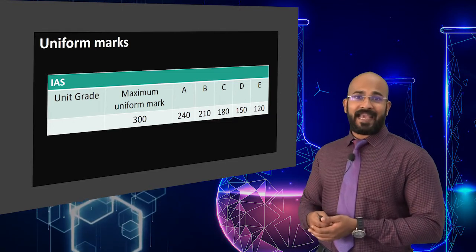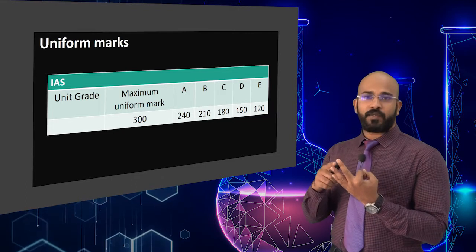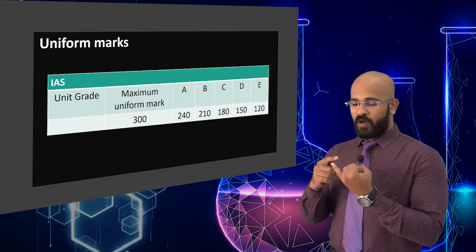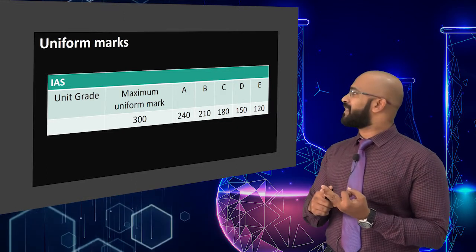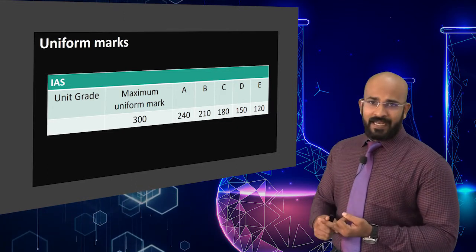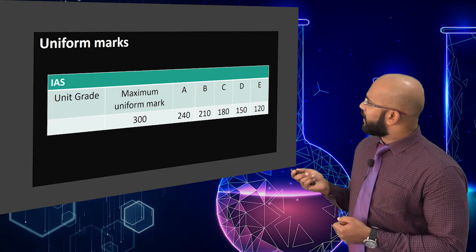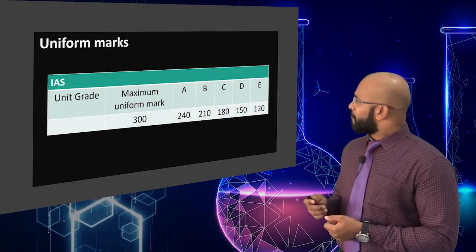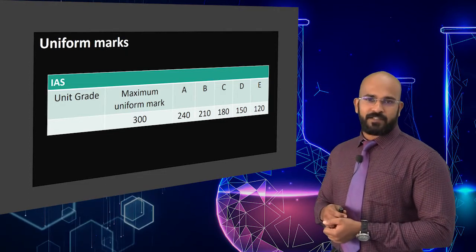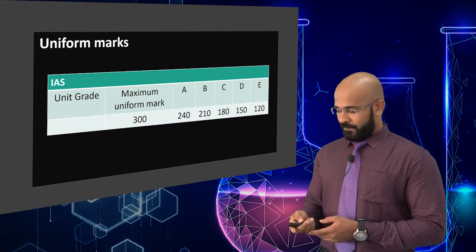In IAS, if you score 240 out of 300, you can score A. That means 80%. In IAS, there will not be A star.